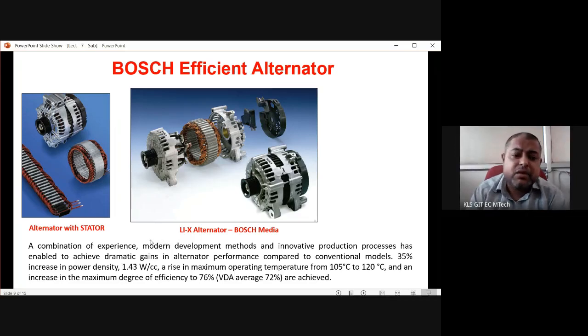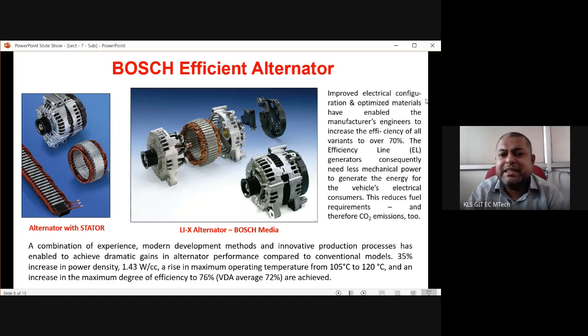There is a rise in maximum operating temperature, almost up to 120 degrees centigrade, within which the alternator will work fine. The maximum efficiency increases up to 76%, from 72%.